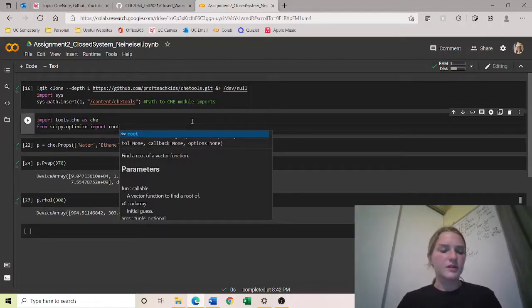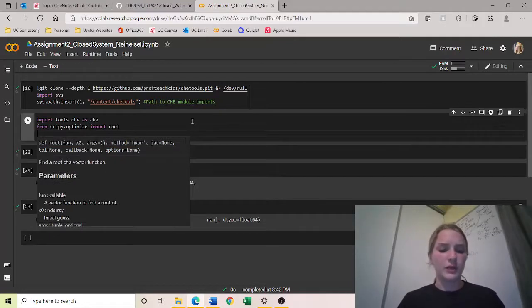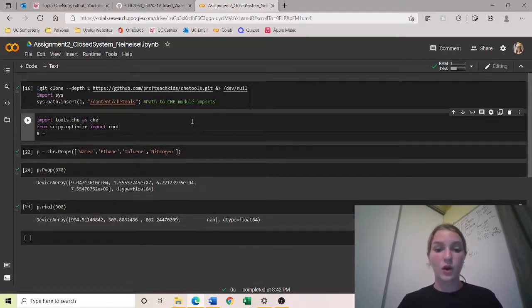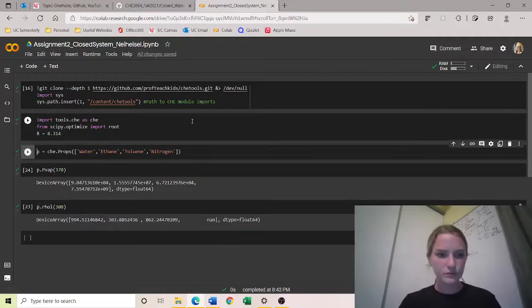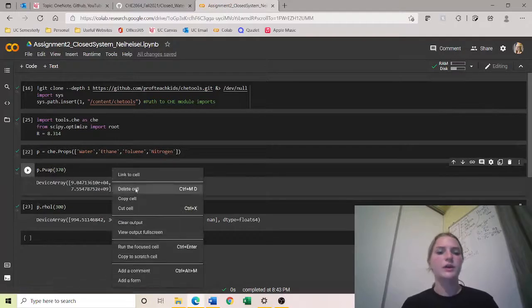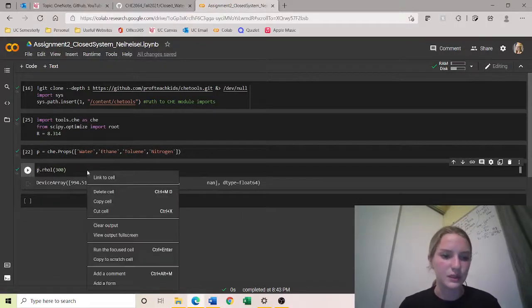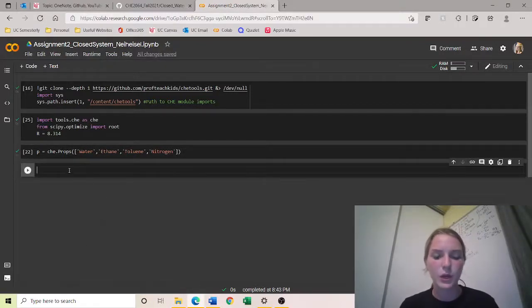SciPy can give us the root of a vector function. All we have to do is make an initial guess. So while we are up here, we are also going to initialize R as 8.314. So that is just a constant value. And hit Shift Enter. We're going to go down here and delete these. We don't need these anymore.